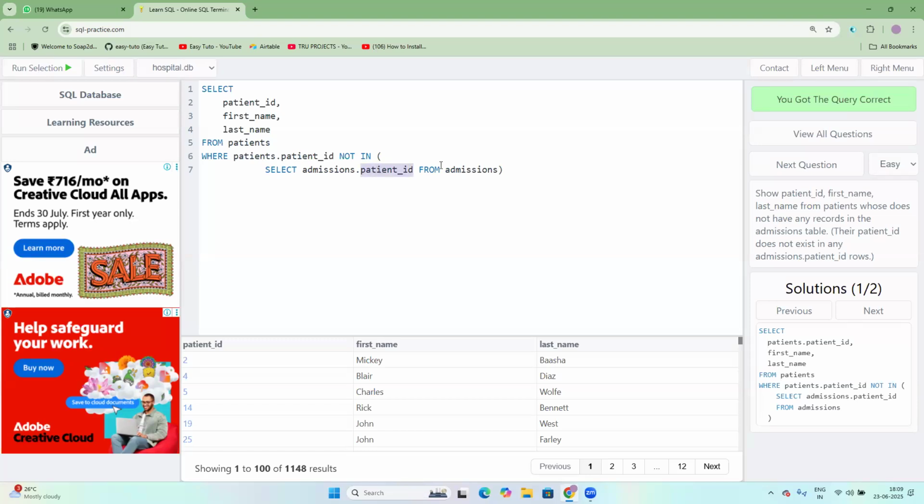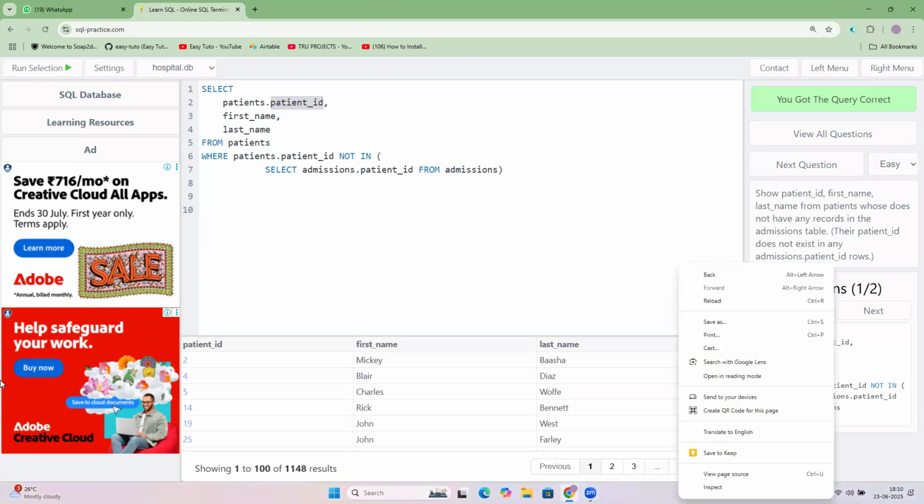So whenever the column names are repeating, better define the table name also. Patient ID exists in the patients table and also in the admissions table, so we define which one we are getting. First name and last name are not present in the admissions table, so you don't have to write anything there, but for patient ID, because it's the same in both tables, we can write it.